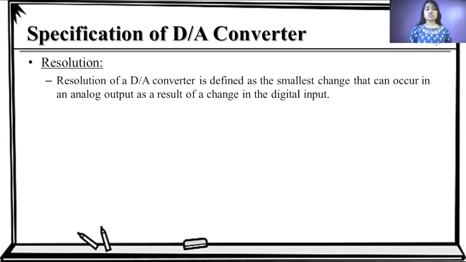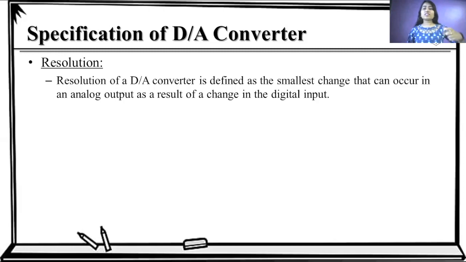That means resolution of any D to A converter is defined as the smallest change that occurs when we change this digital input. For example, we have a 0 digital input and we have 1 volt for that, and for 0 1, that means for 1, we have 2 volt.